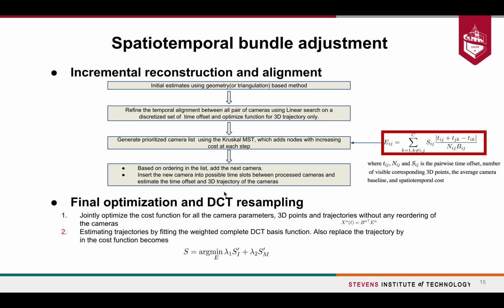And in the last step, he adds the cameras one by one. The new camera is inserted into all the time slots of the previously processed cameras. When he inserts each slot, he optimizes the cost function for both the time offset and the 3D trajectory.